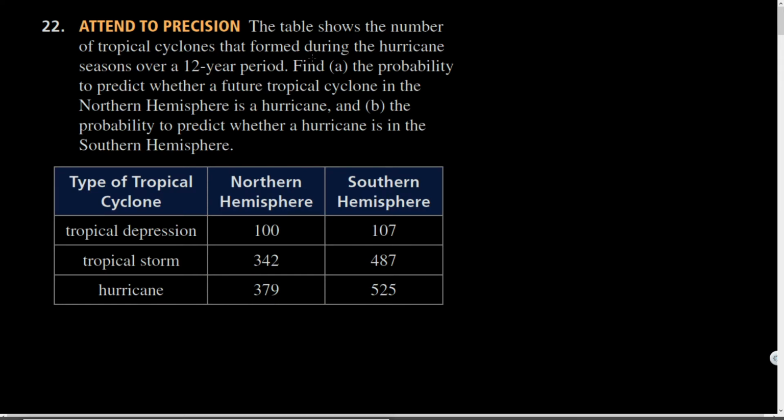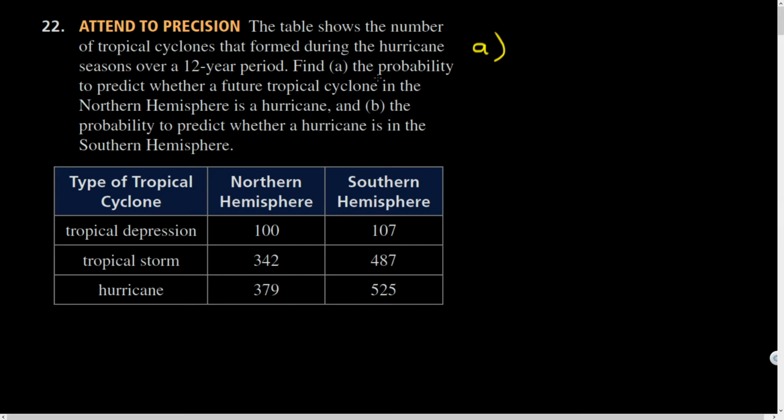Here's question 22. The table shows the number of tropical cyclones that formed during the hurricane season over a 12-year period. Find the probability, and I'm going to put a little letter A right here, to predict whether a future tropical cyclone in the northern hemisphere is a hurricane, and B, the probability to predict whether a hurricane is in the southern hemisphere.